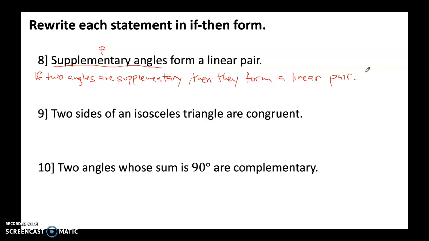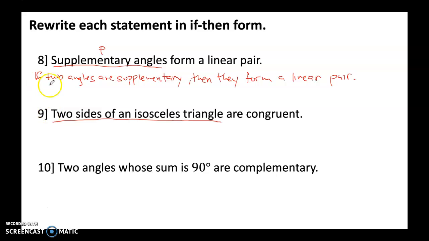Next, for number 9, two sides of an isosceles triangle are congruent. So our subject here is two sides of an isosceles triangle. So what are the congruent? The congruent are the two sides of an isosceles triangle.